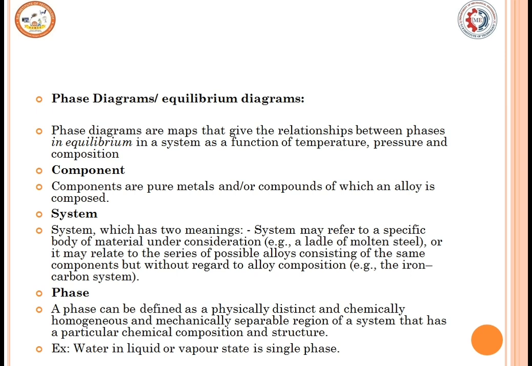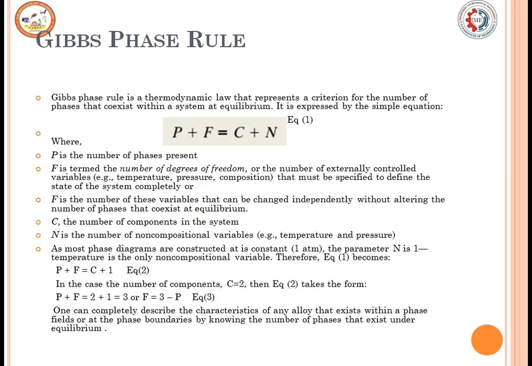An example is water in liquid or vapor state in a single phase. So what is the Gibbs phase rule? P plus F is equal to C plus N, where P is the number of phases, F is the number of degrees of freedom, N is the number of variables, and C is the number of components in the system. So both sides must balance.